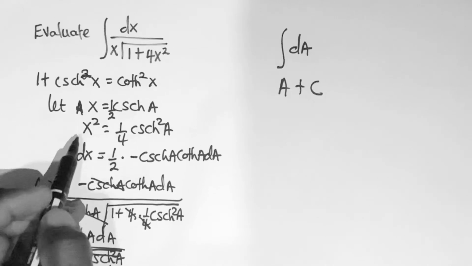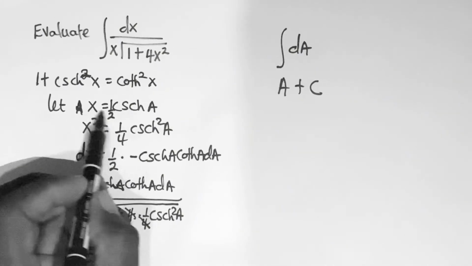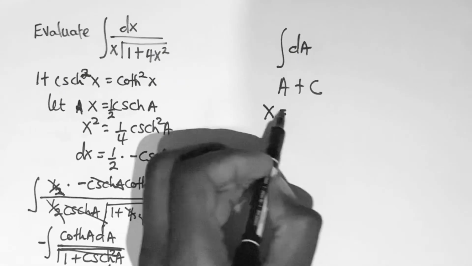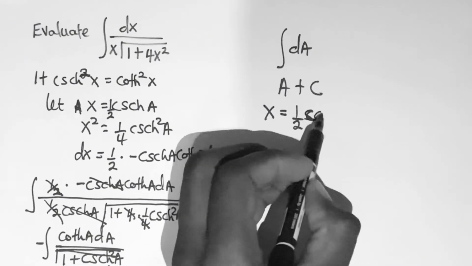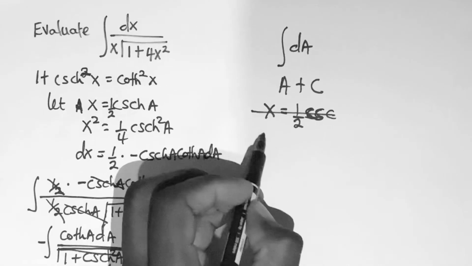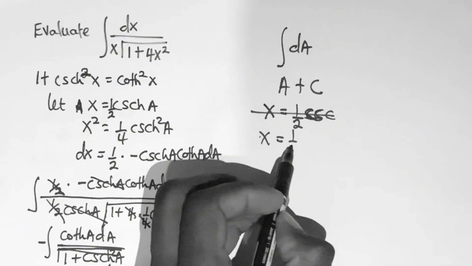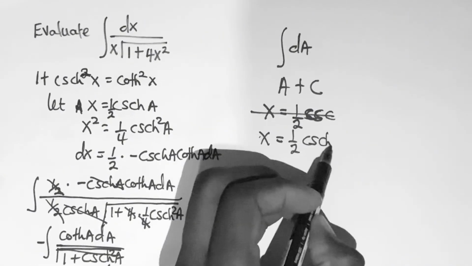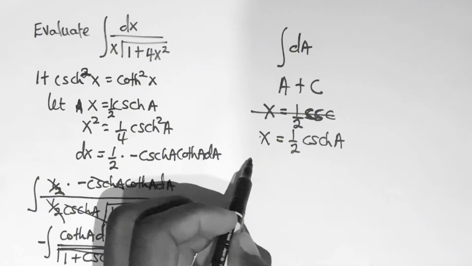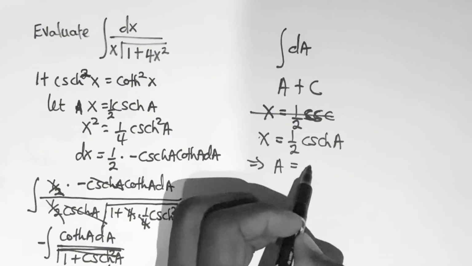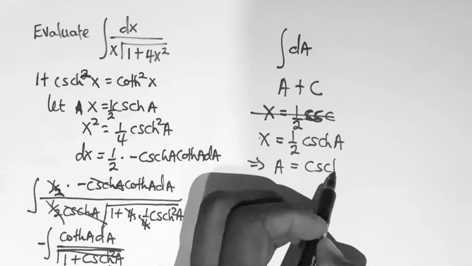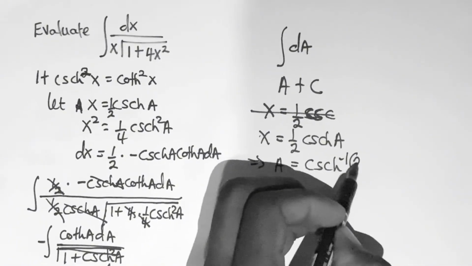However, we said that x is equal to half of cosech a. So this implies that a is equal to cosech inverse of 2x.